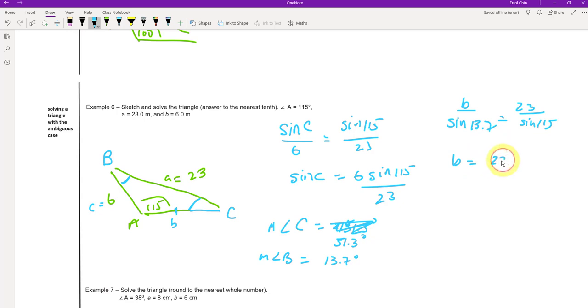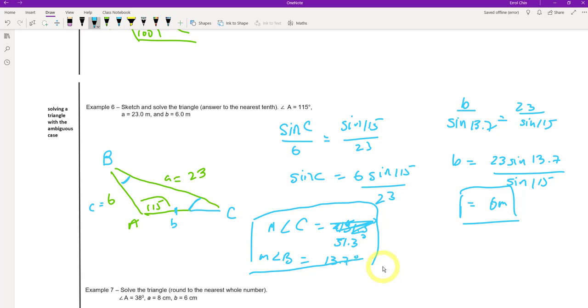B is equal to 23 sine 13.7 over sine 115. Again, I won't show you the calculations, but length B works out to, based on my notes, around 6 meters. Okay, so I'm going to put boxes around all these pieces of information because that's kind of important.